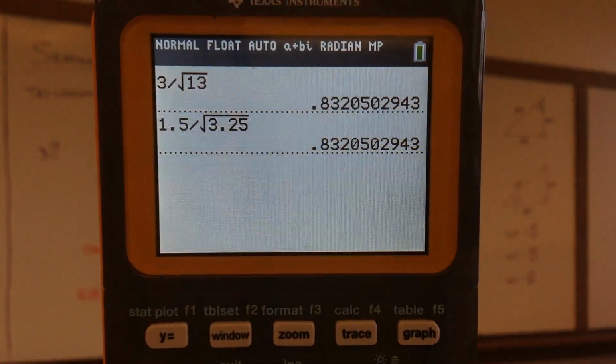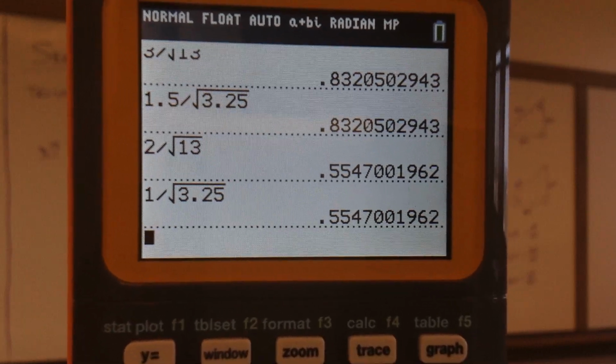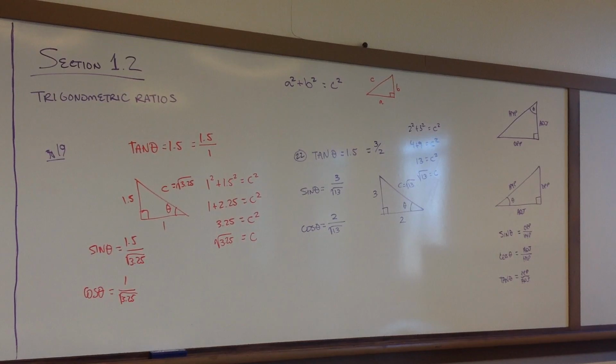And there it is. They're exactly the same thing. And we'll do the same thing for the cosine. 2 divided by square root 13 versus 1 divided by square root 3.25. And those are both about 0.5547 or so. Okay? So they do come out to be exactly the same.